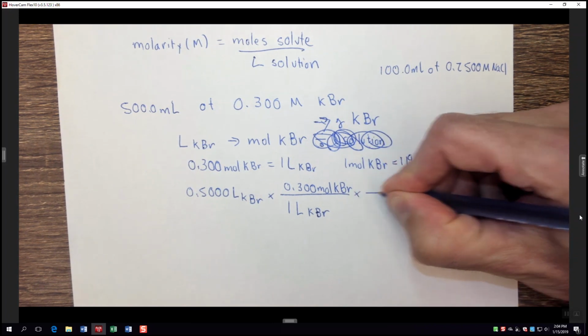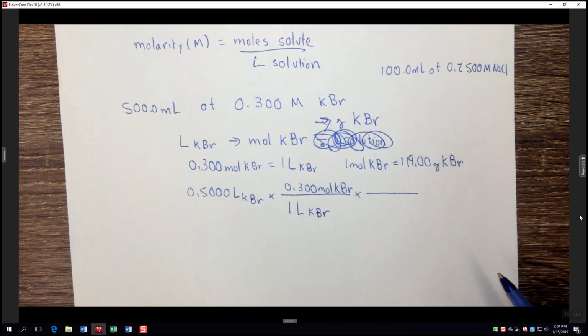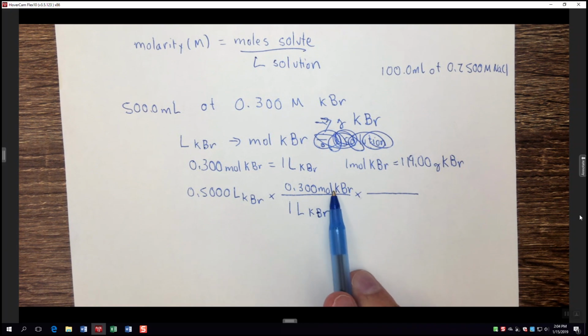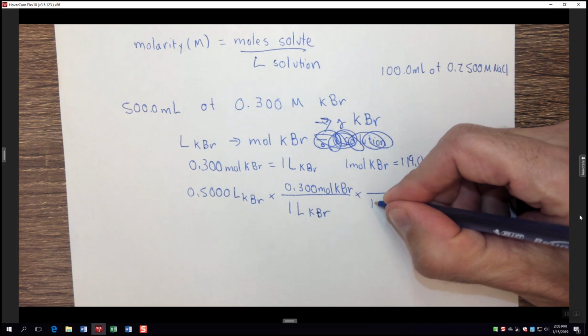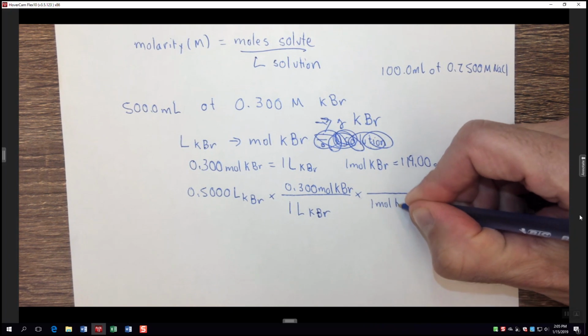That way I'll know how many grams of KBr I want to measure out to make my 500 milliliters of a 0.3 molar solution. So in order to convert from liters to moles, we need to know the molarity.